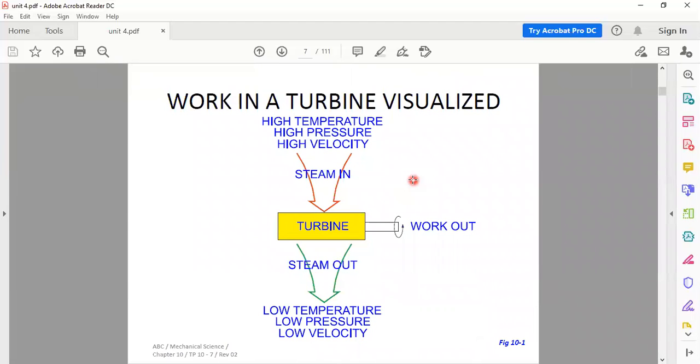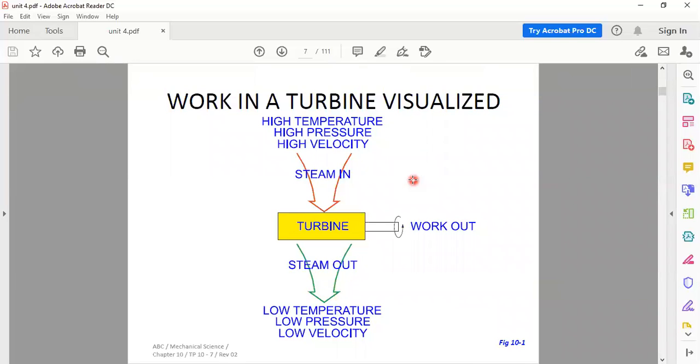So, work in a turbine visualized. In this diagram we have seen high temperature, high pressure, high velocity steam in on the turbine, and steam out at low temperature, low pressure and low velocity.